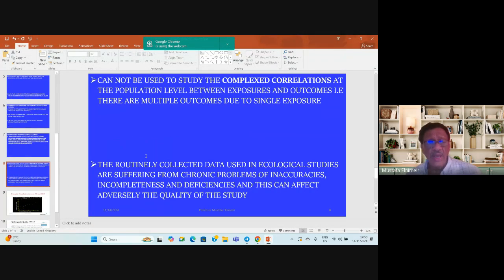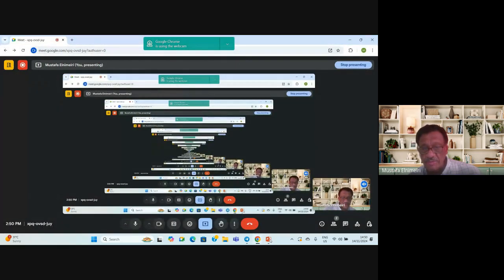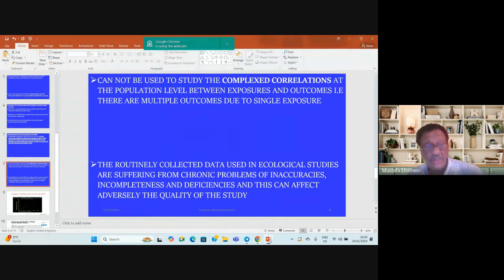Another thing is that it cannot be used to study complex correlations at the population level, for example, between exposure and outcomes. In some situations, there are multiple outcomes from a single exposure. This makes it difficult for us to conduct such correlation studies.